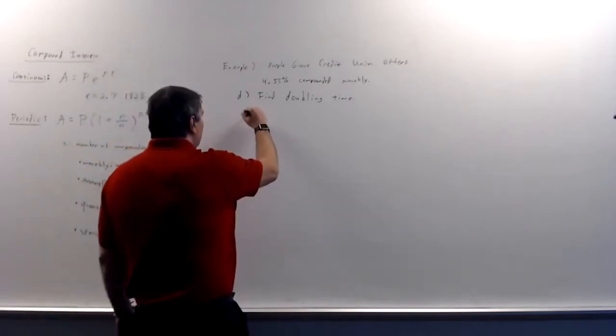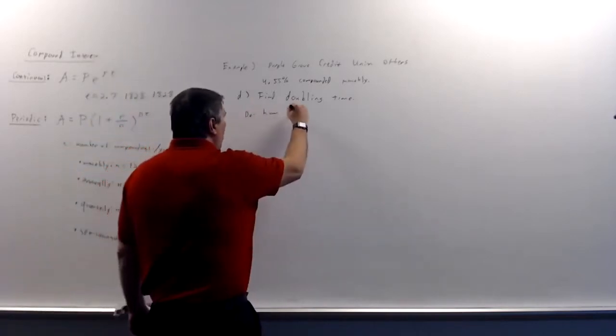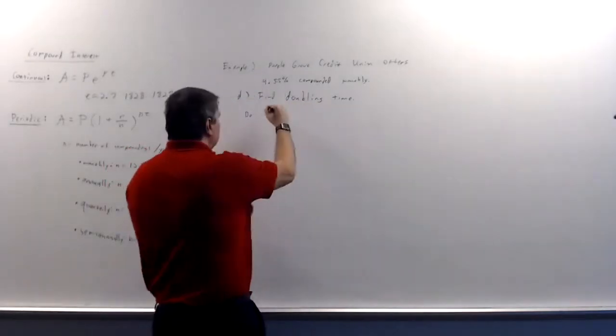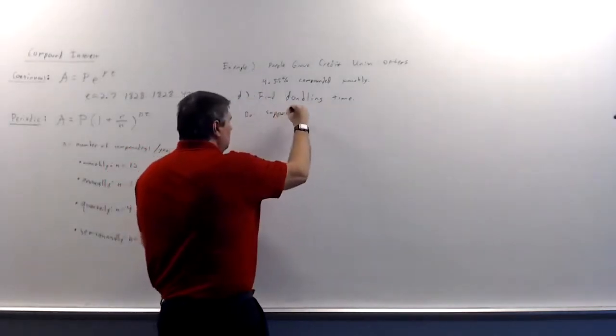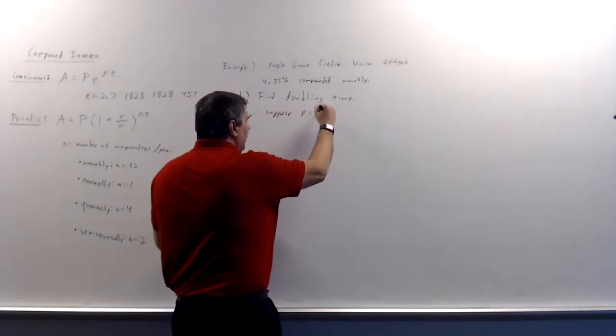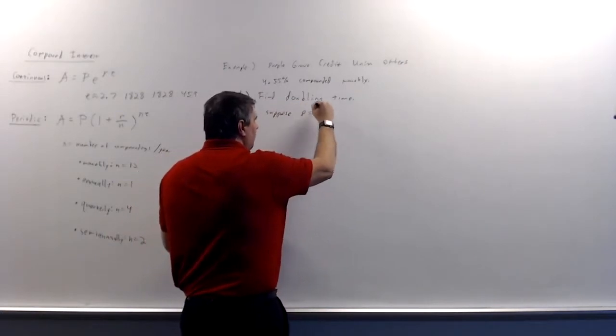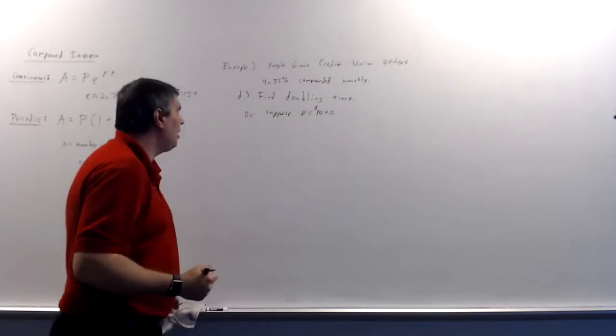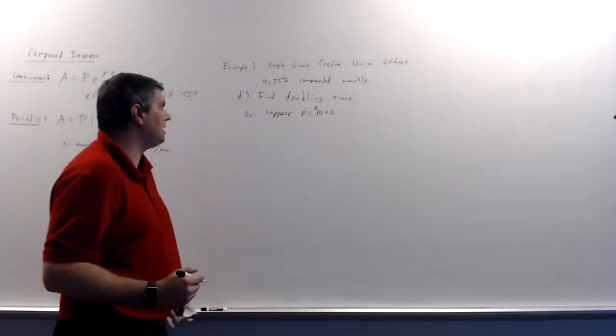Suppose P is 1,040. It's what we've been using for a deposit for several examples, so we'll go ahead and use it again.